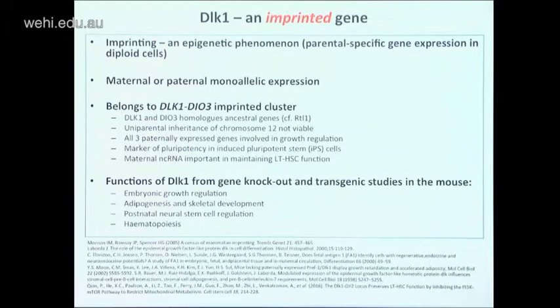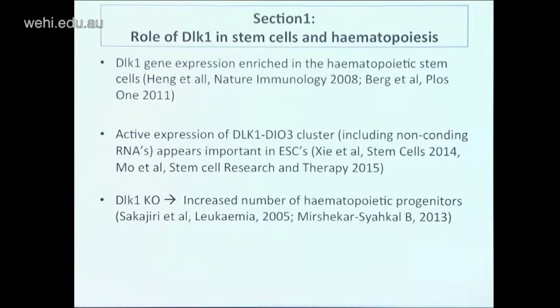So other functions of Dlk1 from the gene knockout and transgenic studies include embryonic growth regulation, adipogenesis and skeletal development, postnatal neural stem cell regulation, and also in haematopoiesis, which is what we're going to talk about now. So the first part of my PhD, the biggest part, is about the role of Dlk1 in stem cells and haematopoiesis.